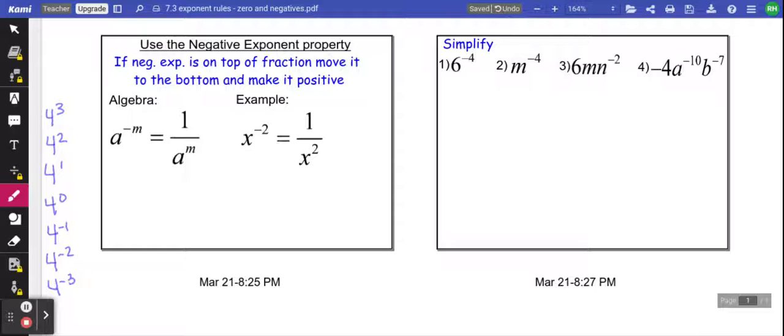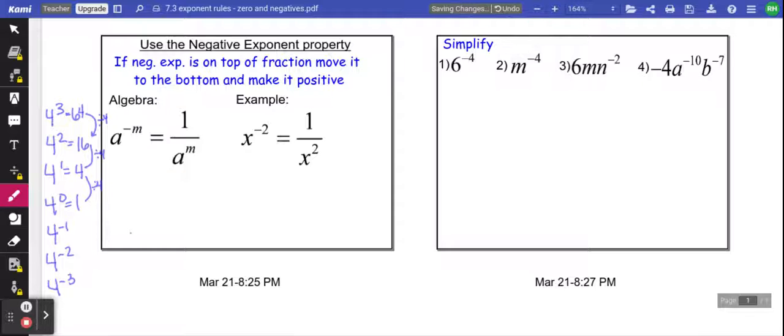So if you do these, 4 to the third in your calculator is 64. 4 squared is 16. 4 to the first is 4. And then 4 to the 0 we just learned is 1. Well, each time you do this, you are dividing by 4. Dividing by 4. Dividing by 4.